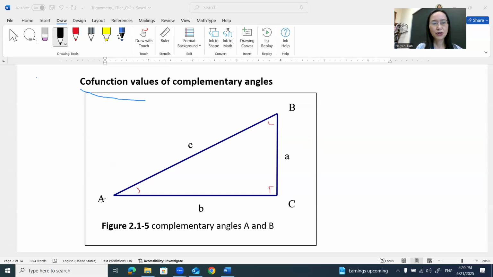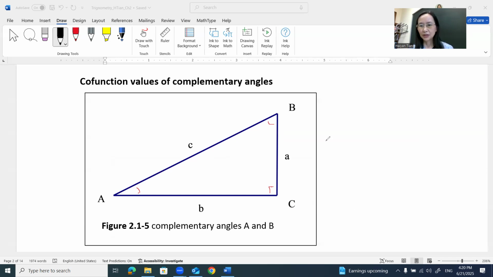So we can show these two acute angles that are complementary in one right triangle. See, here's A, here's B. They are complementary, and that means the sum of the two angles is 90 degrees.